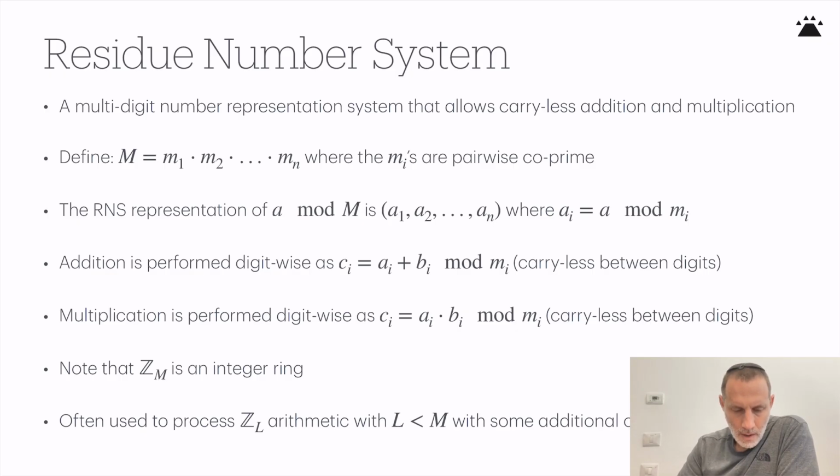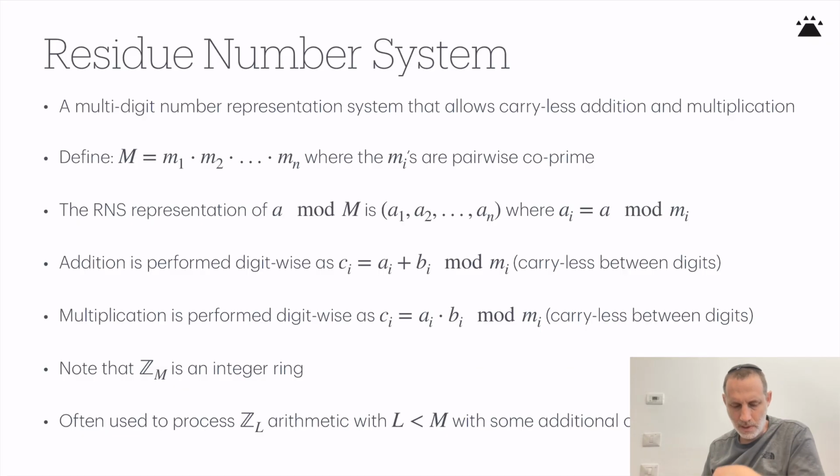Now, a residue number system cannot represent just any type of algebraic structure, and specifically represents just modular rings that obey the following. So we define big M, as you can see here.